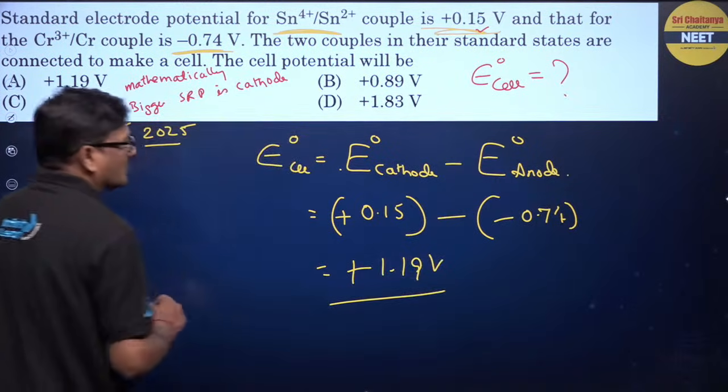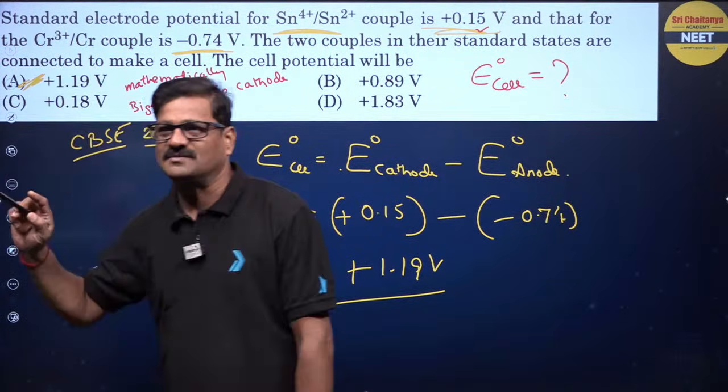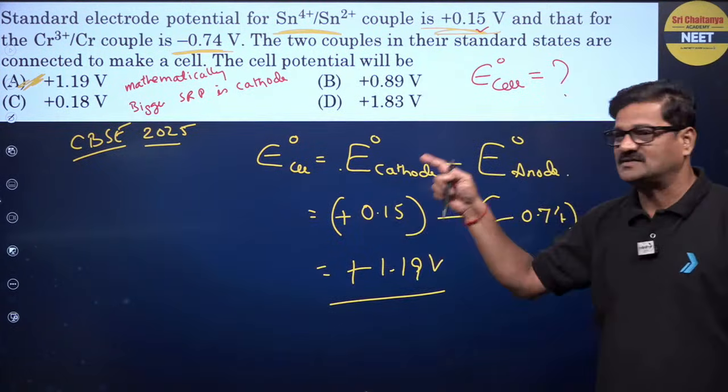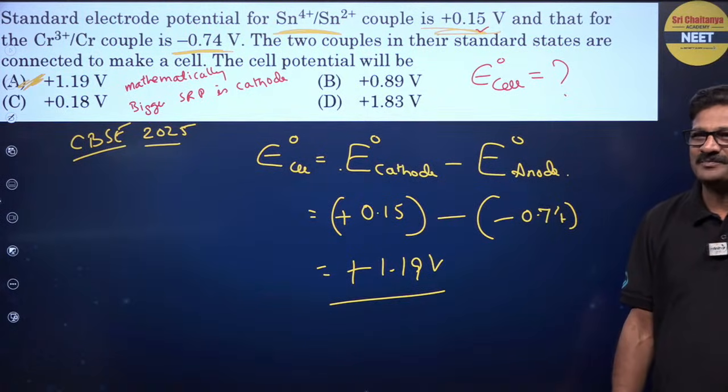So my answer for this question is going to be answer A. Got it? Simple. This is a multiple choice question given in the previous CBSE 2025 paper. Right beta?